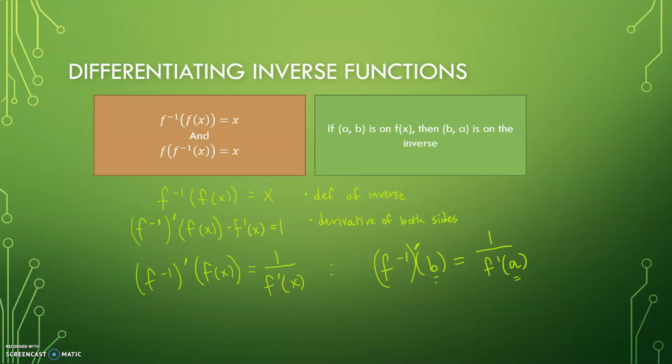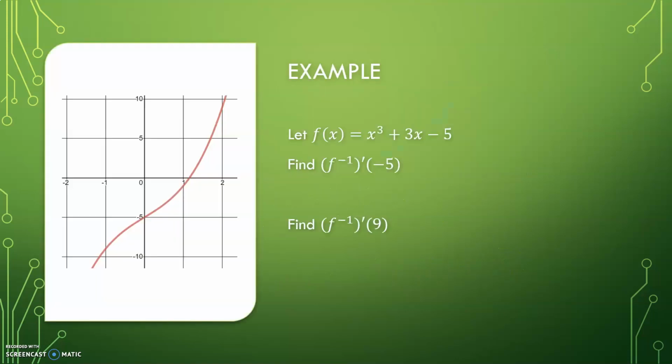So how might you use this fact? Well, one way you could use this fact is if you have a function, but you can't find its inverse. This is definitely a function that has an inverse. It's just that the inverse is hard to solve for. I can't get the equation for the inverse. But I'm interested in knowing the slope of the inverse at x equals -5.